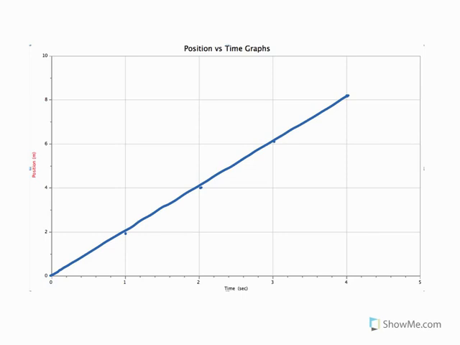Now, what do you think this next graph is going to look like? I'm going to sketch a red line, and I want you to think about what it tells you about the object's motion. You'll notice that the line is horizontal. At t equals 0, the object is approximately at 6 meters.